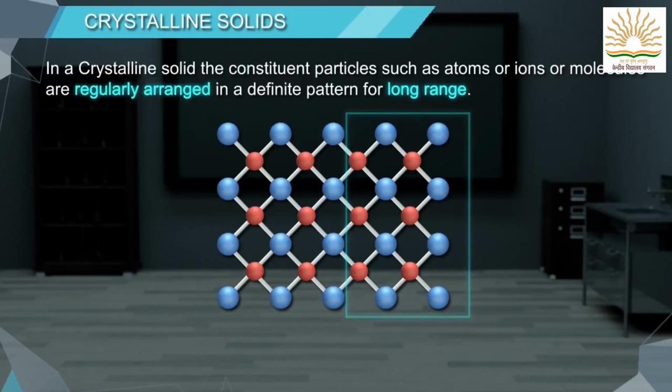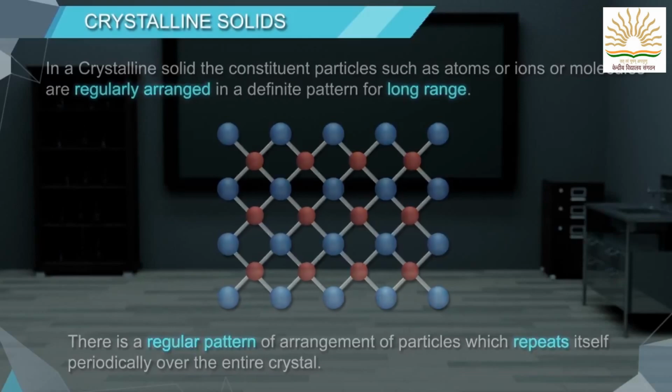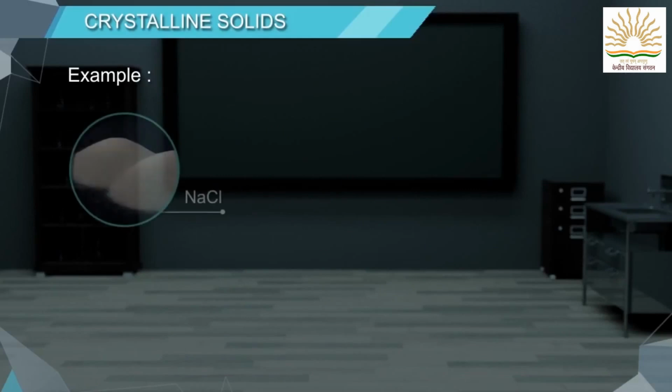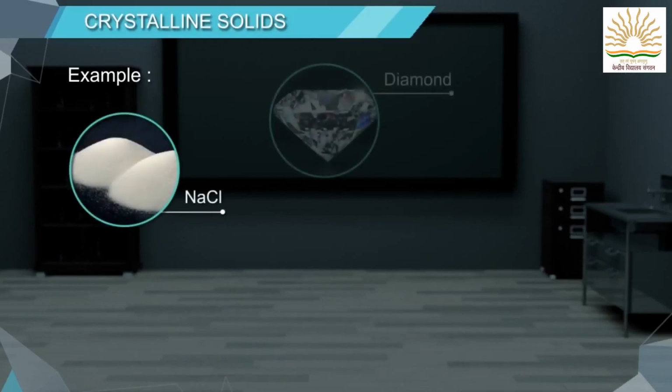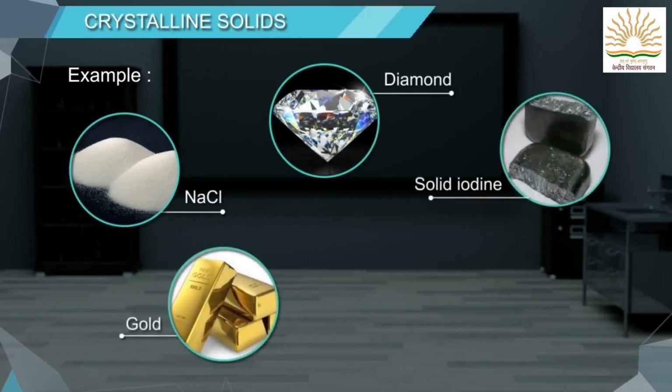In other words, there is a regular pattern of arrangement of particles which repeats itself periodically over the entire crystal. The examples of crystalline solids are sodium chloride, diamond, sodium iodide, gold, quartz, etc.